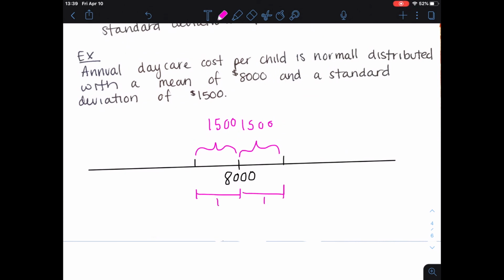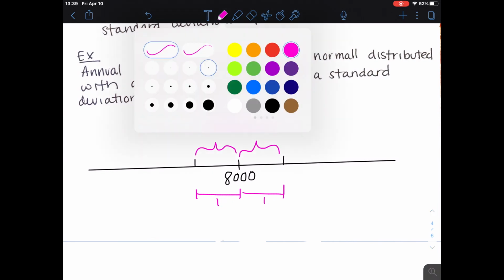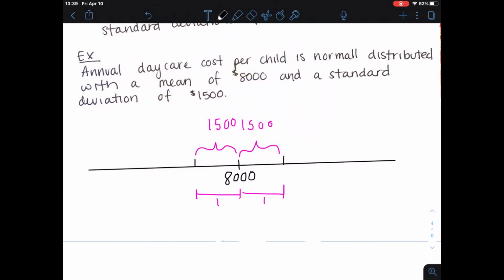Okay, and the notation we have for it is this letter sigma, but you don't have to worry about that too much. Just know this is a single standard deviation. So if you go out 1,500, this would be 9,500, and this would be 6,500. Okay.